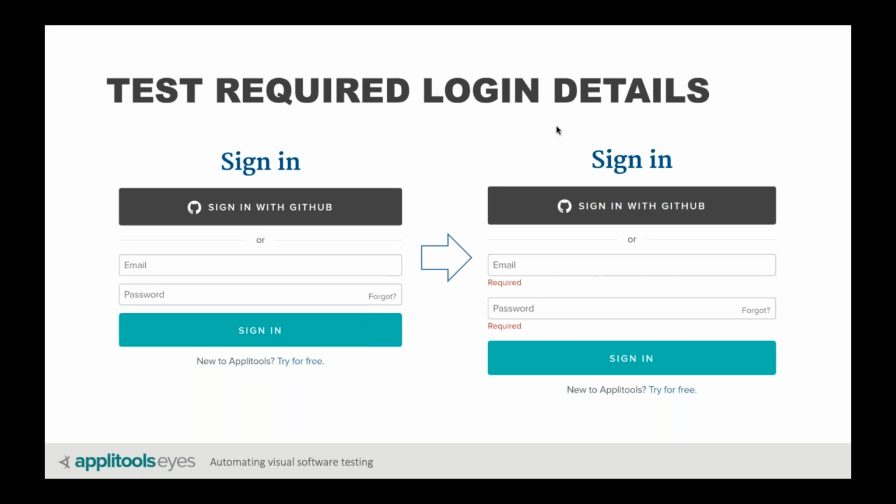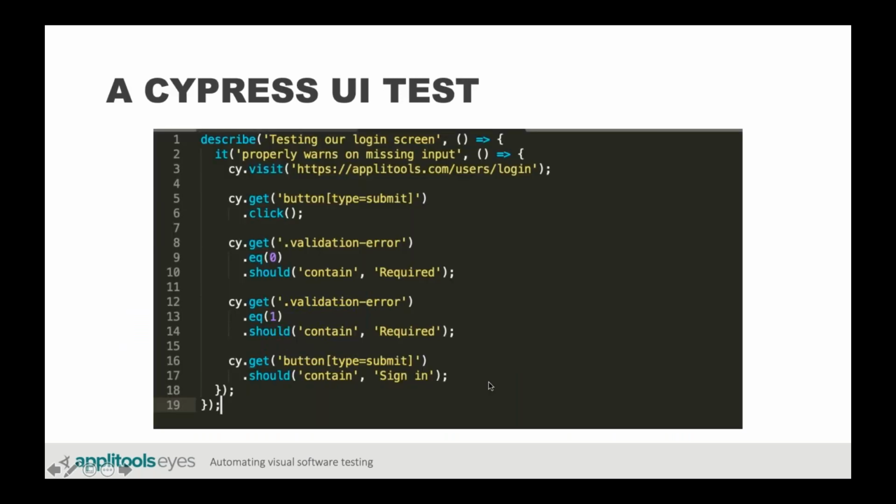For example, if someone clicks the sign in button, these error messages should appear: required. And this is an example of test code that will cover that test. Even though it's written in Cypress, you can all probably figure out how to do the same thing in Java, in Python, in Selenium, in Appium. It doesn't matter. It's all the same.